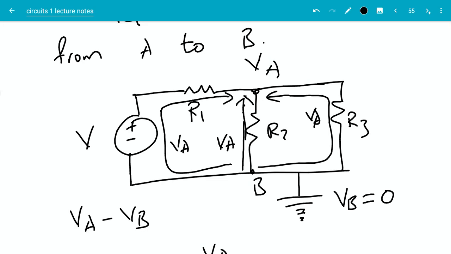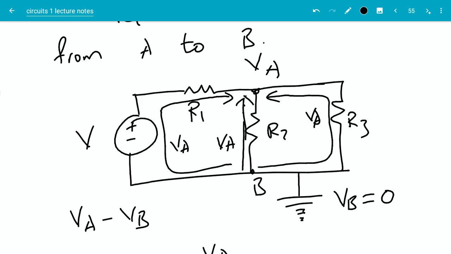That itself tells a lot about what happens in a circuit. When you have electric circuits and you connect them to a battery, the potentials inside the circuit arrange themselves in such a way that no matter what path you take, the potential difference between any 2 points is the same.